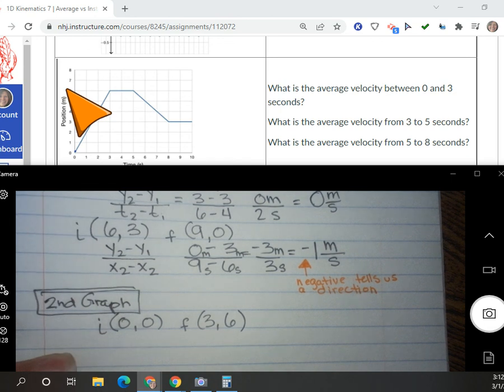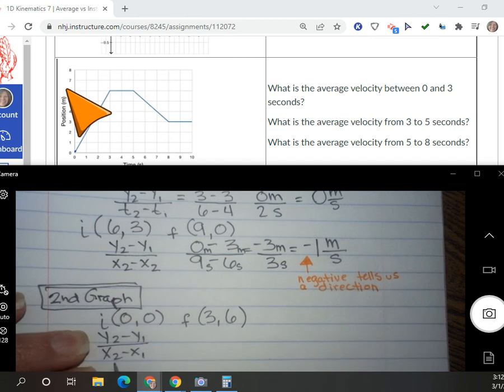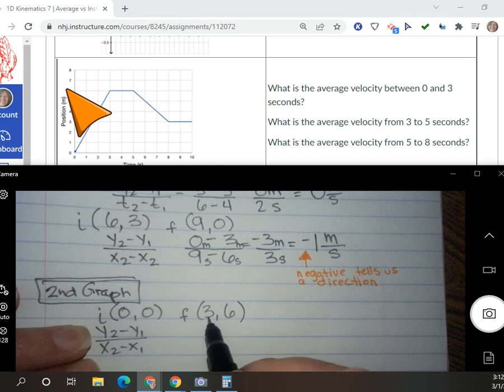So what is the average velocity? We're going to say y2 minus y1 over x2 minus x1. My y2, that's final, the last one I'm going to, so I can go 6 and 3. Sometimes it helps if you write both of your 2's first. That way you don't get your numbers mixed up.